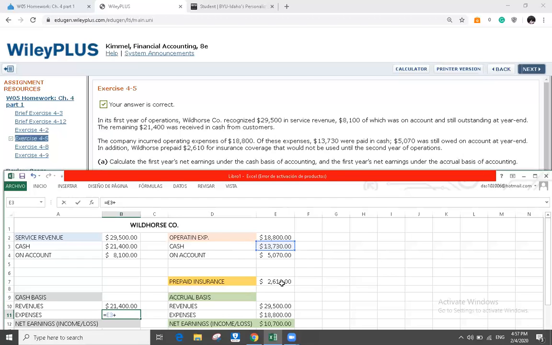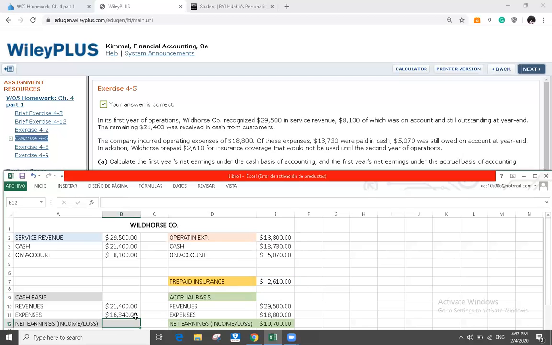And the reason why we have to add these two values is because prepaid insurance, even though we're going to start using that insurance for the second year of operations, we have already paid for this amount in cash. And that will count as an expense at the time that we have paid for the prepaid insurance.